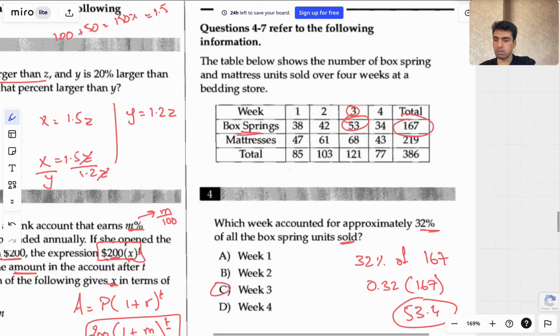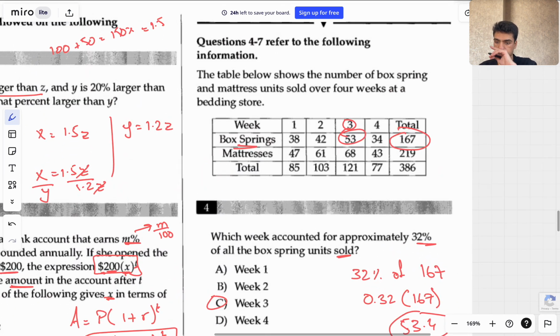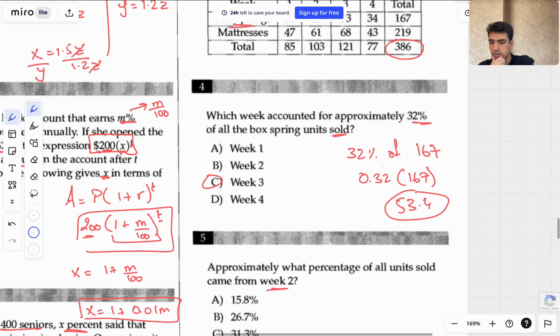So we need all units sold from week 2. In total we have 386 mattresses, and they're saying what percent came from week 2.